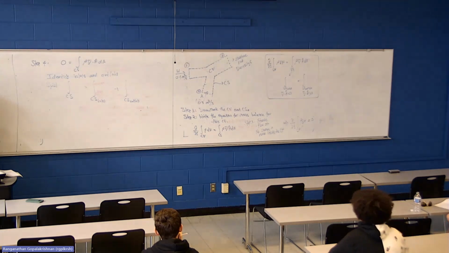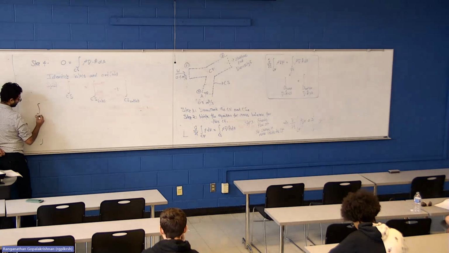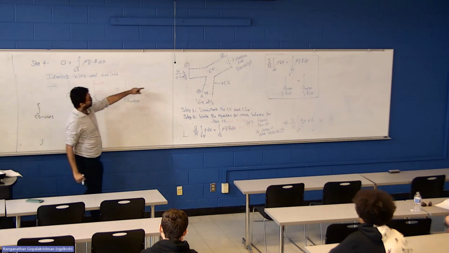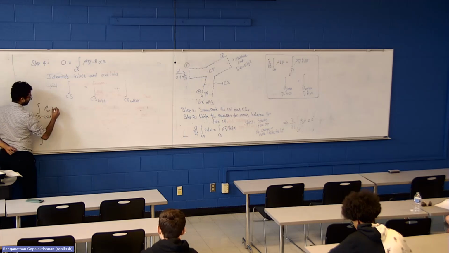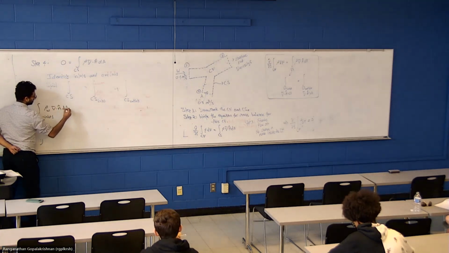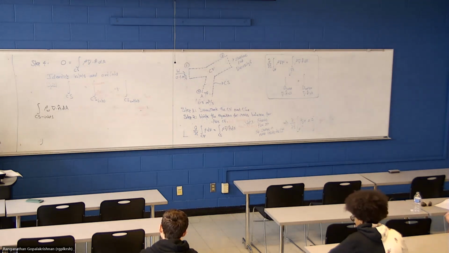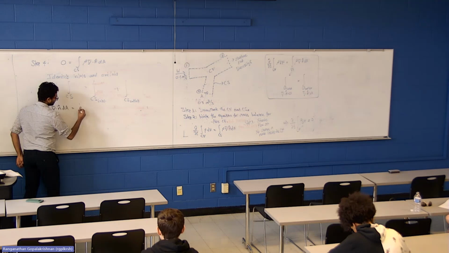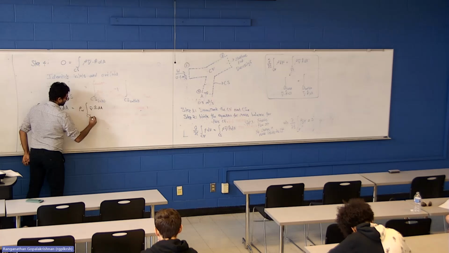Take a pause, look up, we're going to do this. So if I look at the integral over the control surface for inlet 1, what is coming through inlet 1? Water. So I have the density of water multiplied by V dot n cap dA over CS1.